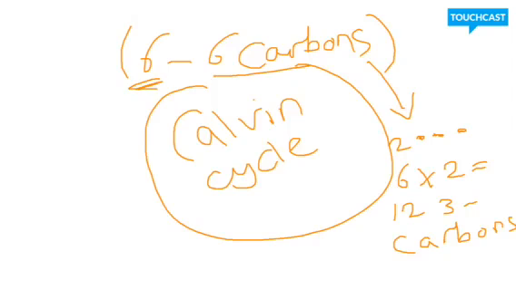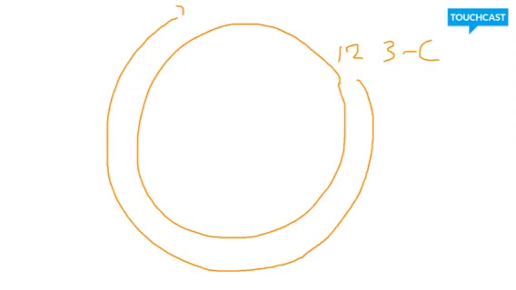So 6 of them, each one of them will be divided into 2, so 6 times 2 will give us 12 3-carbons. Now you have 12 3-carbons, and these then go around in a cycle to give us a 6 carbon again.